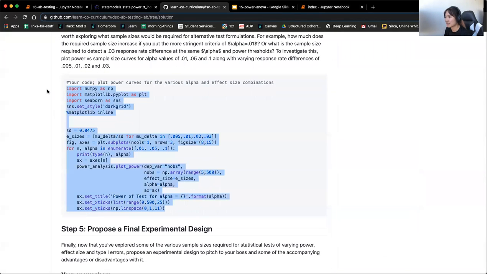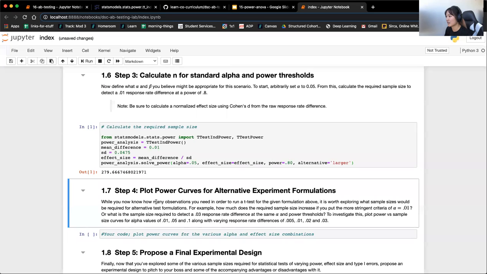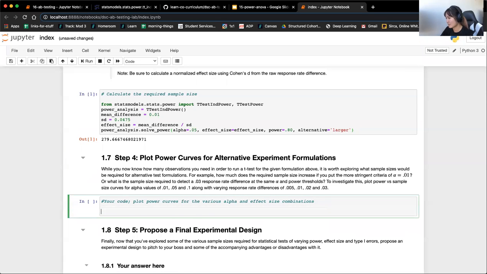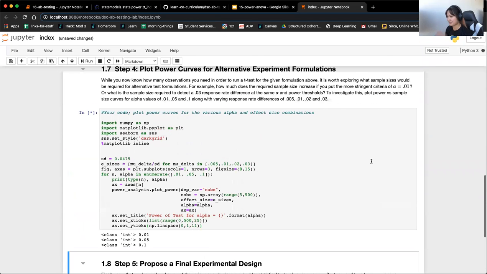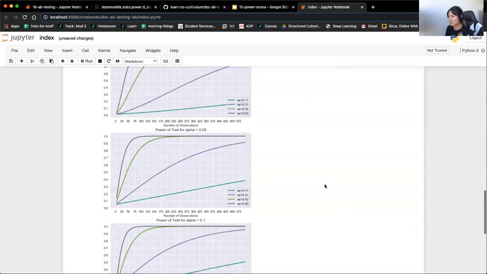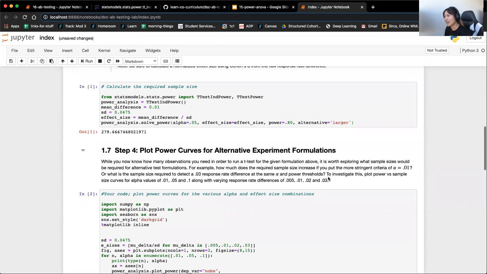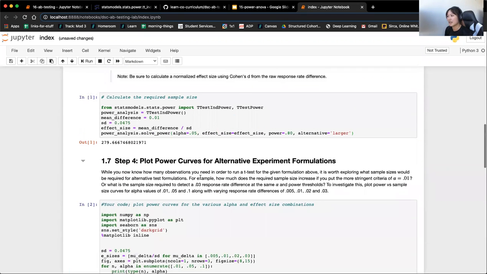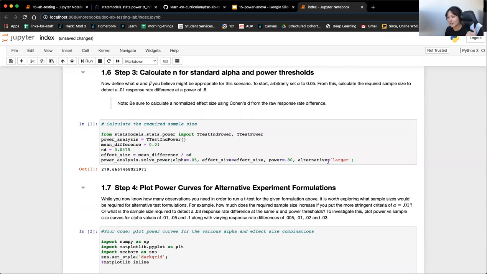Let me copy this over. These are our power curves. With these power curves, what's happening is we want to look at, if we were to edit alpha and also edit the effect size, how will that affect power?